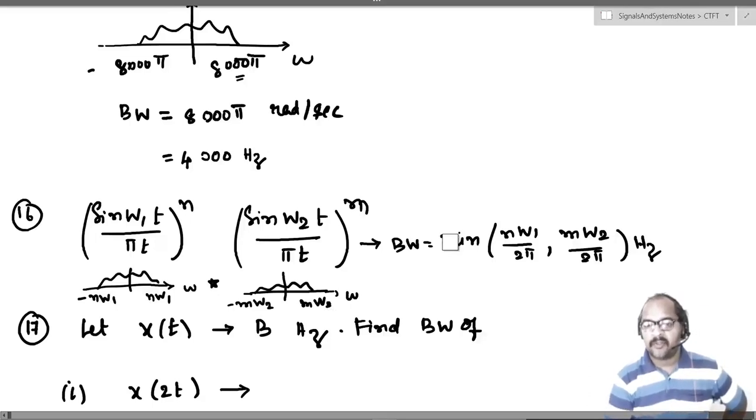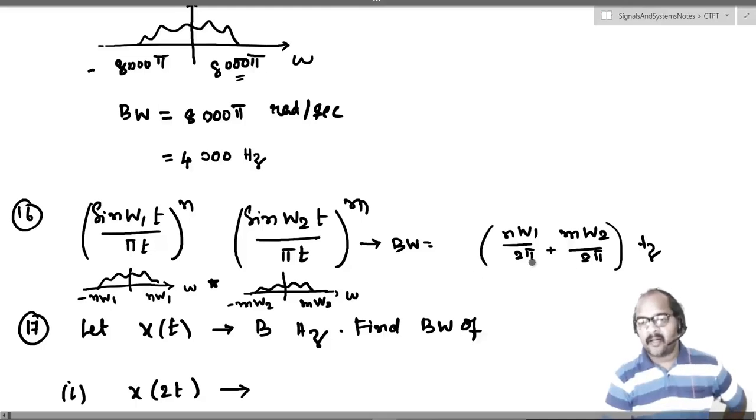So what is the highest positive frequency? It would be n w1 plus m w2. So you get a plus. That would be the overall bandwidth, n w1 plus m w2 whole divided by 2 pi hertz.